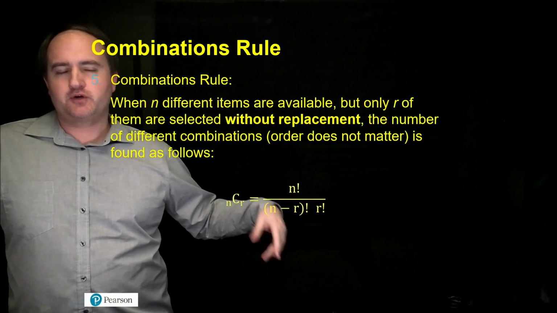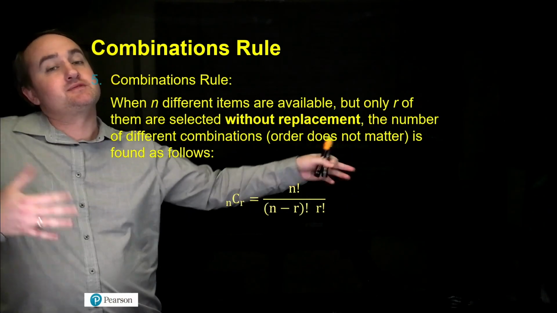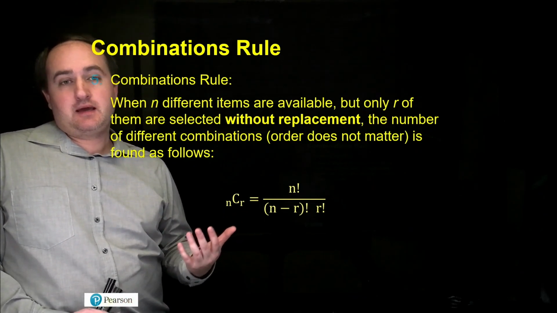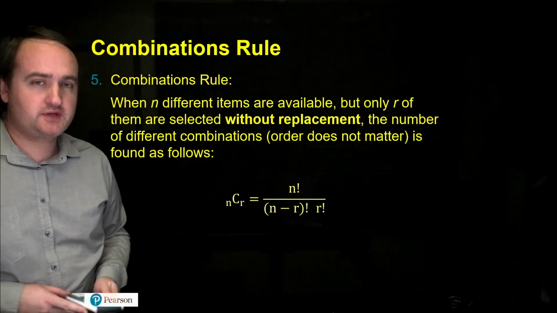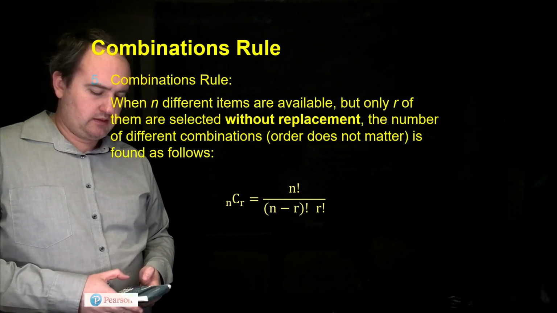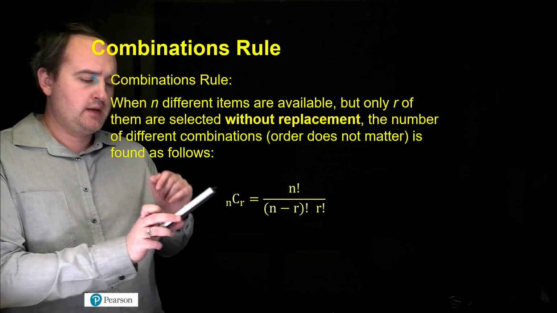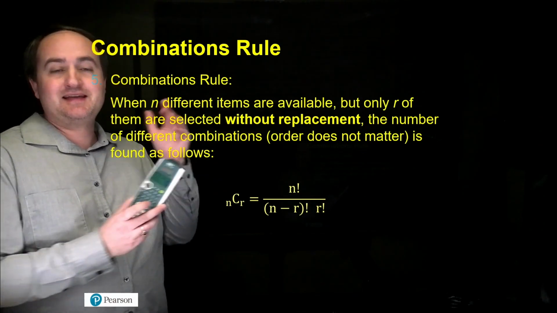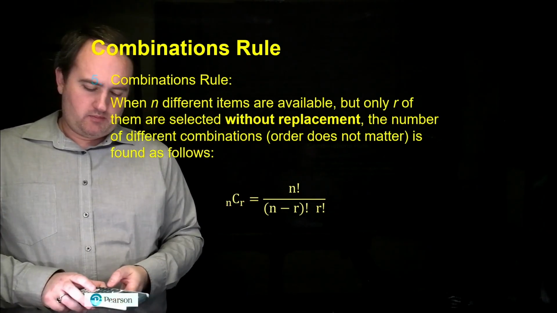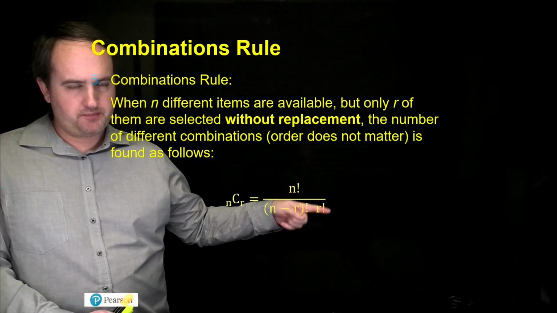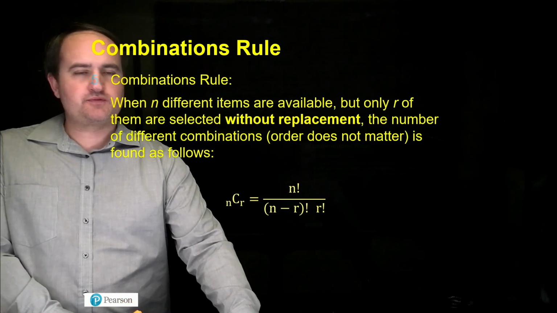So that r factorial basically just makes it so order doesn't matter. Okay? And then once again, if you want to do these on a calculator, your calculator may have an nCr button, or mine, I do PRB, and then I select nCr. But if your calculator doesn't have that button, then you're going to have to use this formula. Okay, that's for combinations.